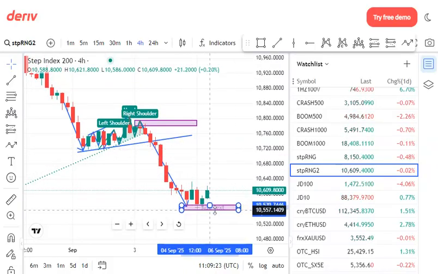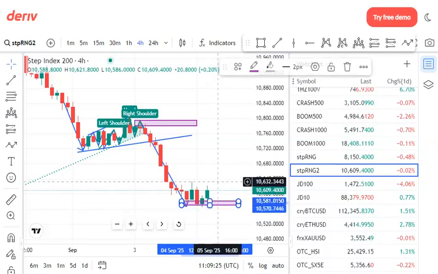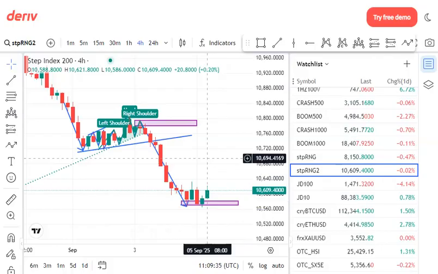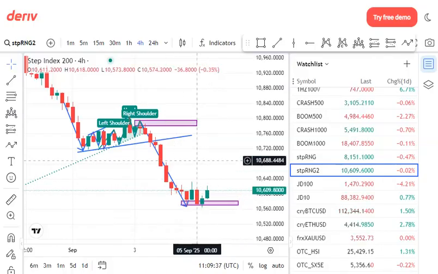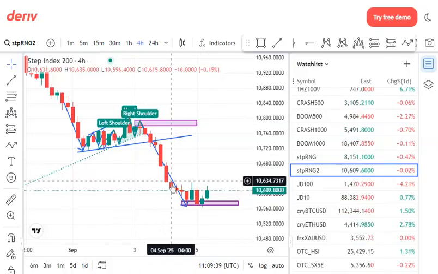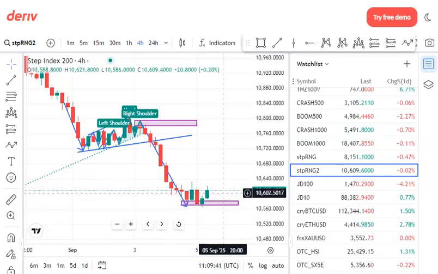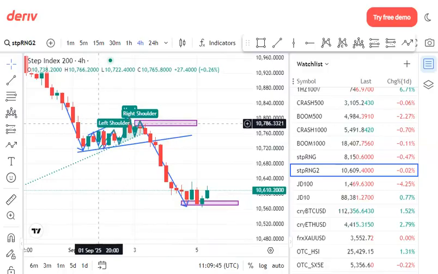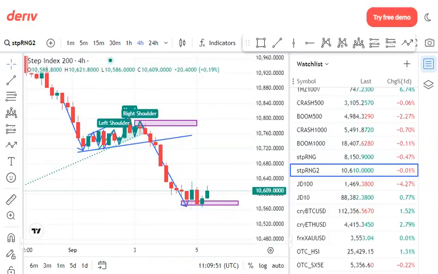But if there are traders that would like to trade the head and shoulders patterns, there are criteria and protocols required.